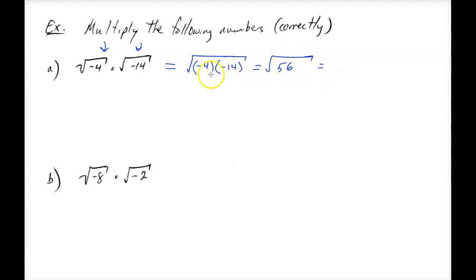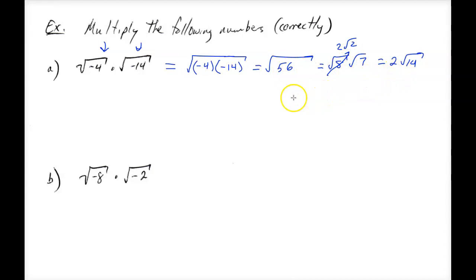But my point here is that this is incorrect because we're trying to deal with this as if these are actually real numbers and they aren't, okay? I'm going to go ahead and finish this. This could be rewritten as square root of 8 times square root of 7. And this part is just 2 square root of 2. And square root of 2 times square root of 7 is square root of 14. So we end up with this as a result, okay?